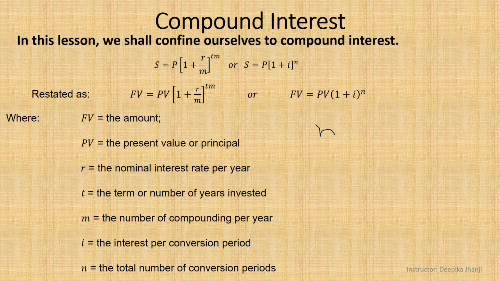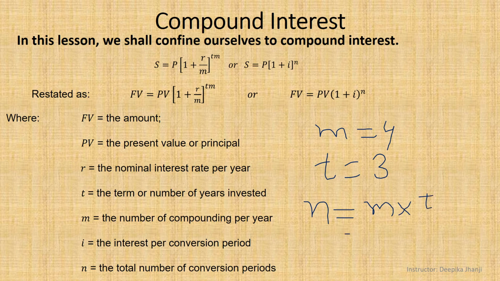That means M is 4 and T is 3 years. So how many times the interest will be converted or the principal will change? So this is M times T. So 4 times 3, that is 12. So that is N.